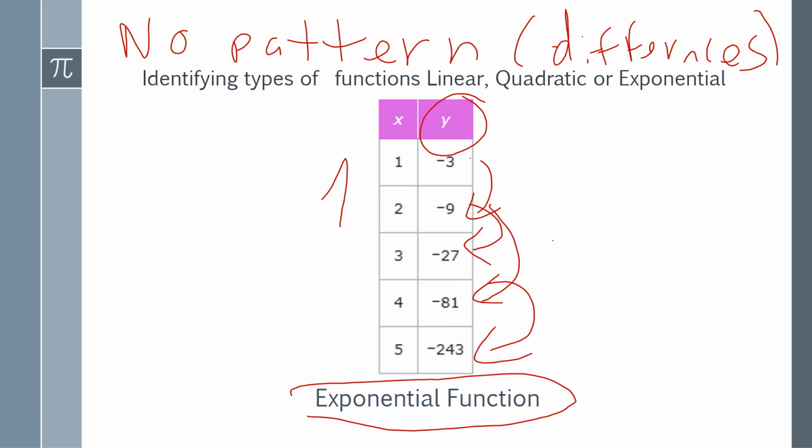And then from 27 to 81, I quadrupled. And then from 81 to 243, I just exploded, 5 times. So that's how you can tell. So again, if you do this pattern twice and you don't get anything, that means that you're dealing with an exponential function.